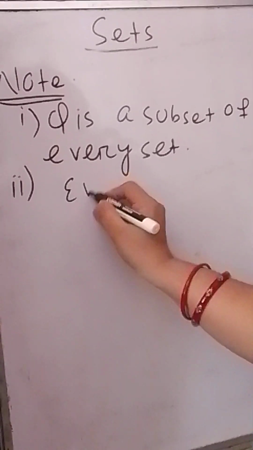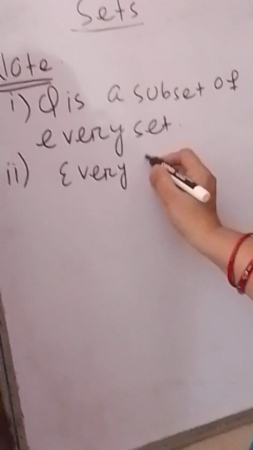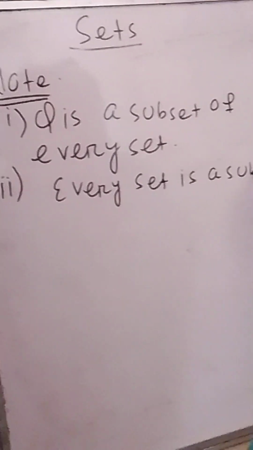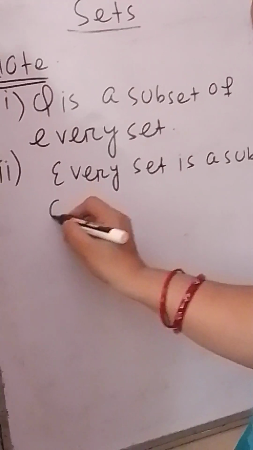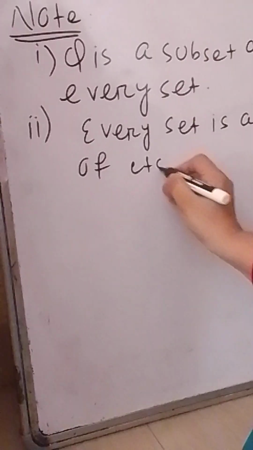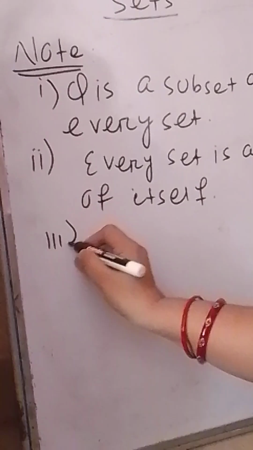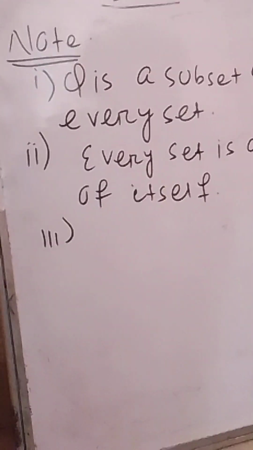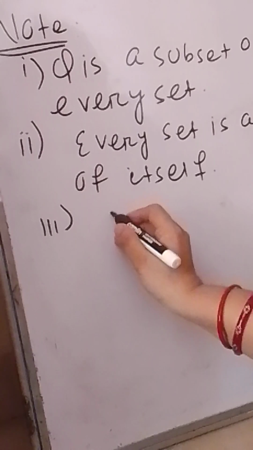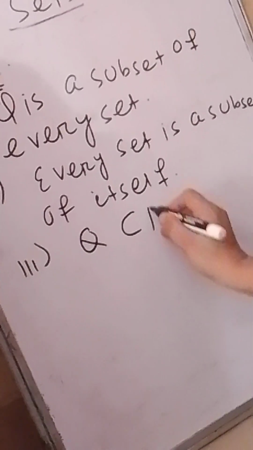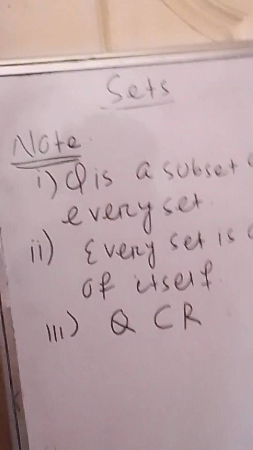Next, every set is a subset of itself. Third, you know Q, which is the set of rational numbers, is a subset of the set of real numbers.